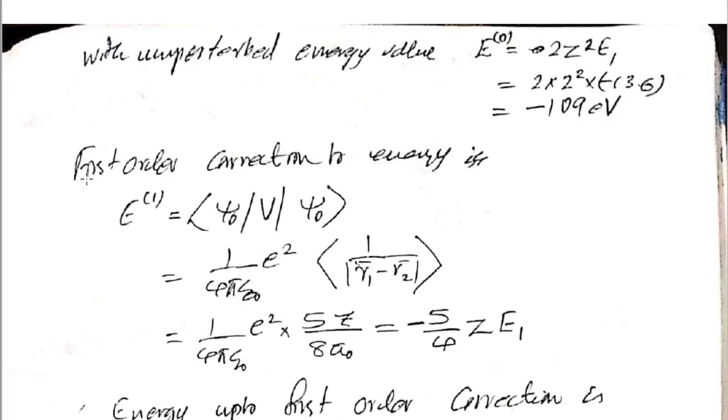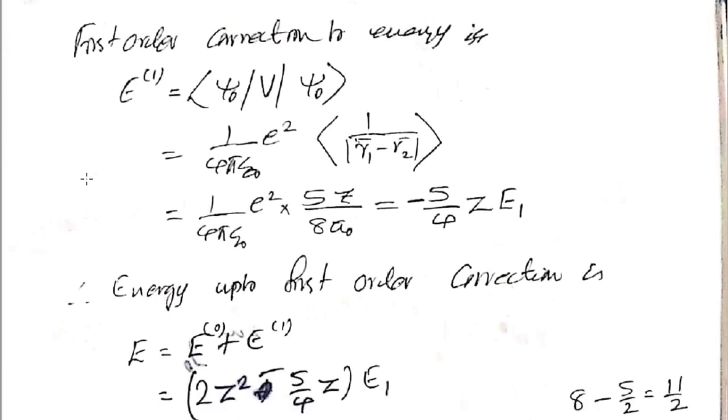Now the first order correction to the energy is the expectation value of the perturbation with respect to the unperturbed wave function, that is 1/4πε0 e² into the expectation value of 1/|r1 - r2|, which is already discussed. It is 5Z/8a0, that is equal to minus 5/4 Z E1.